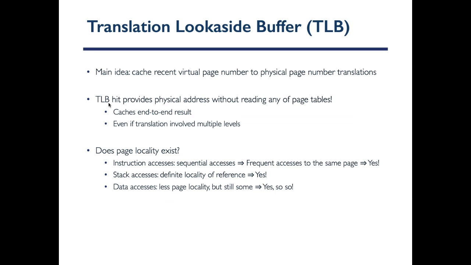Now, one question is: do you always have this locality in address translation? Because if you remember, caches were good if we had data locality. Now let's actually look at that question in more detail. Do we have address translation locality when we're working with instruction accesses?